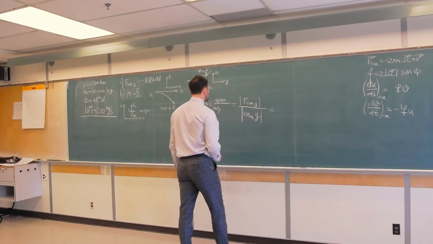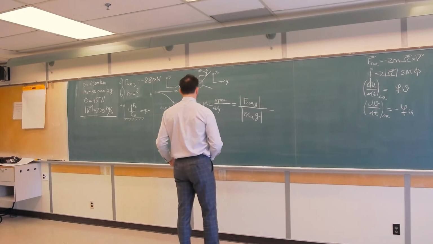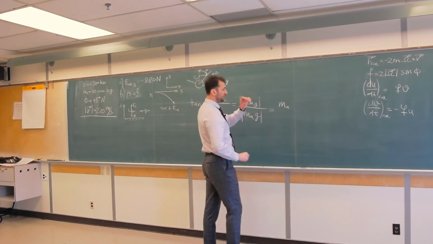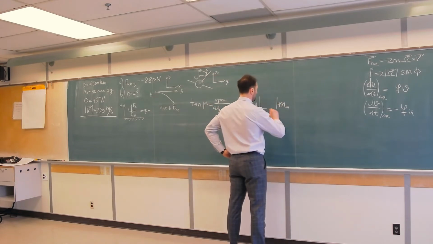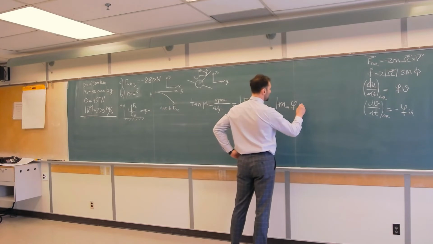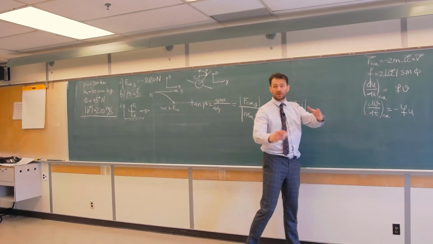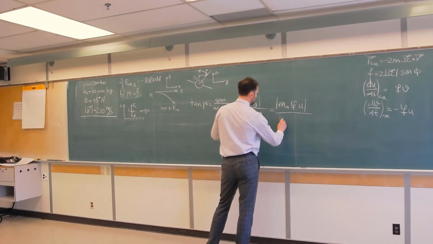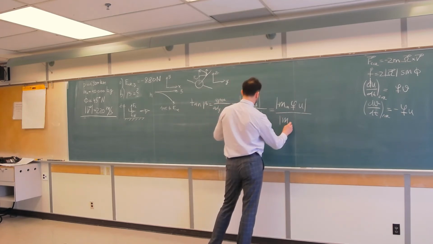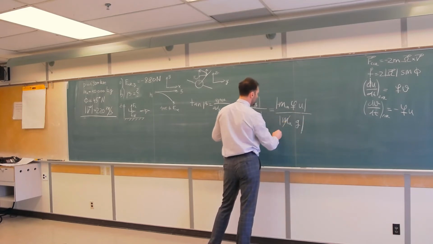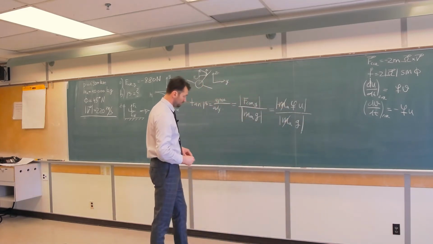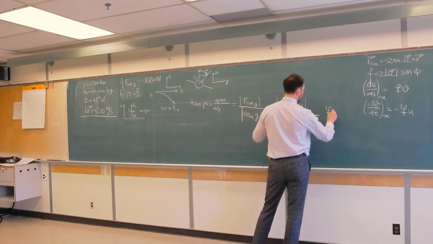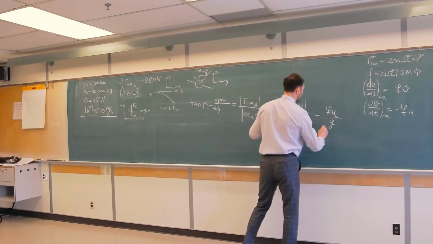So that is equal, well, we saw m of the aircraft times F times U from this equation and from part A of our problem, divided by the intensity m of the aircraft times g. Mass of the aircraft cancels, and we get that this is equal to Fu over g.